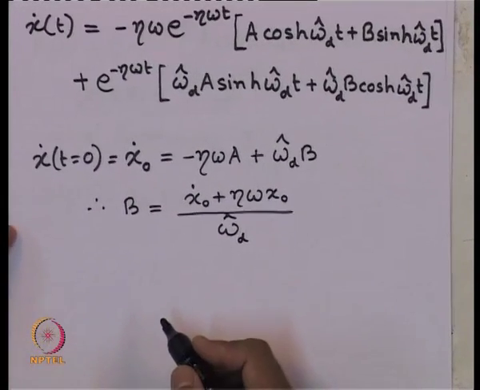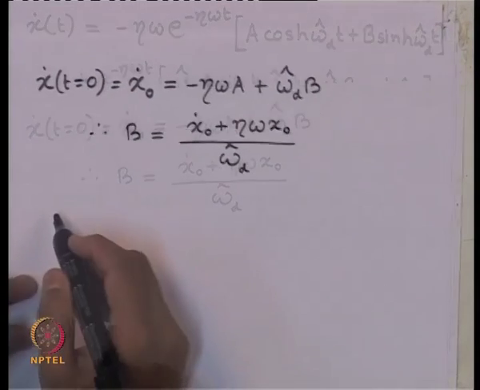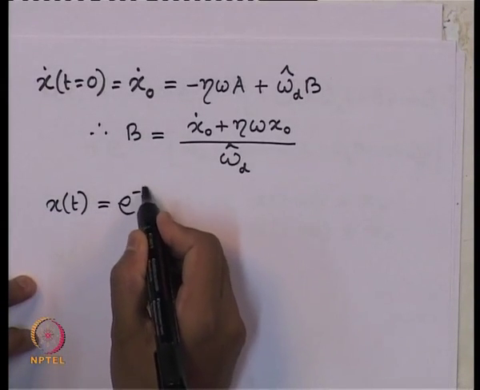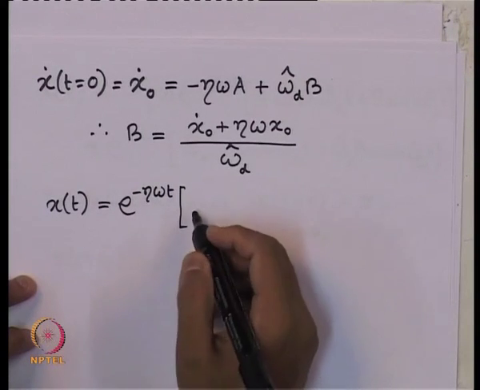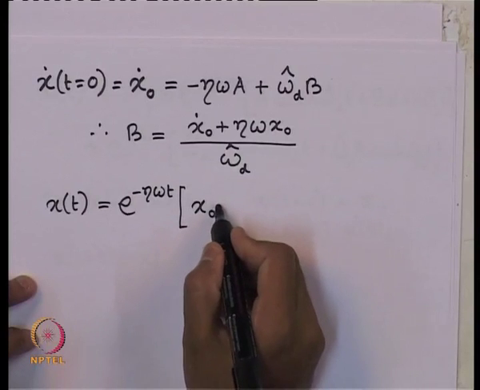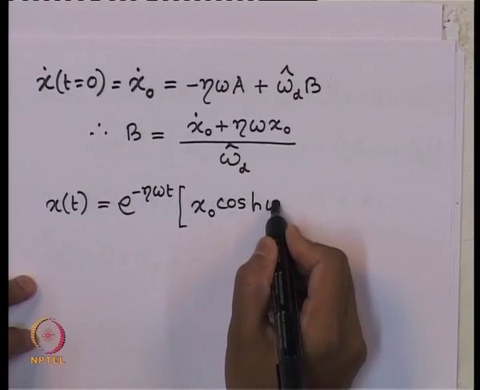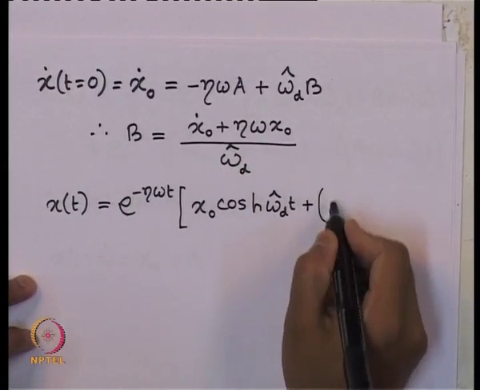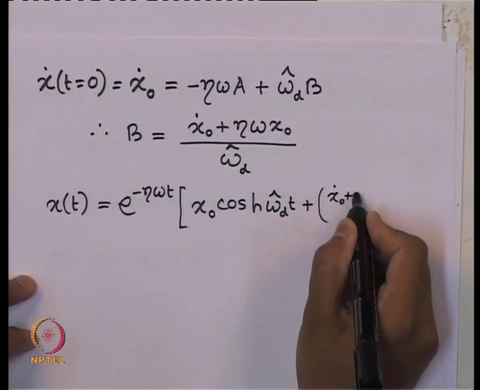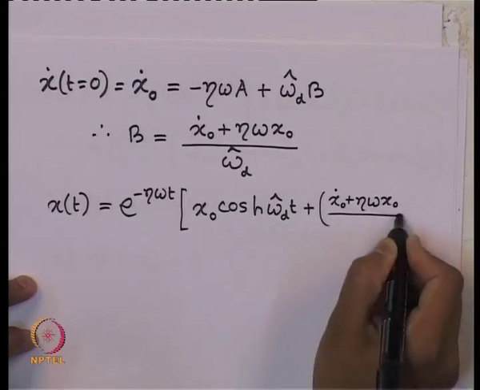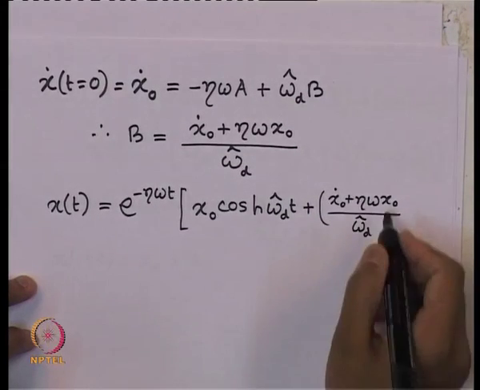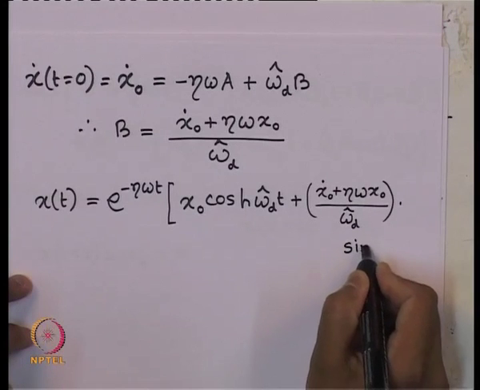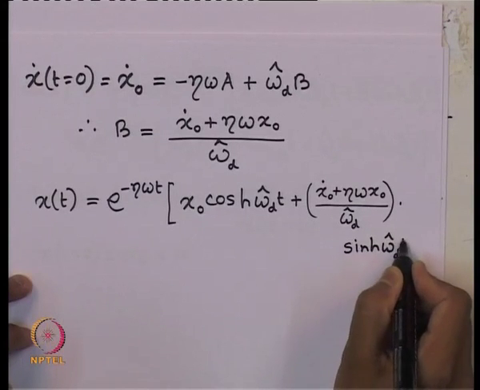So, the final solution takes the shape of x of t equals e to the power minus eta omega t times a is x naught cosine hyperbolic omega d cap t plus b is this term, x naught dot plus eta omega x naught by omega d cap, times sine hyperbolic omega d cap t.